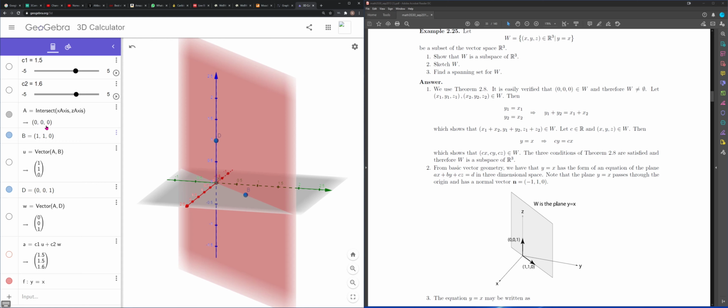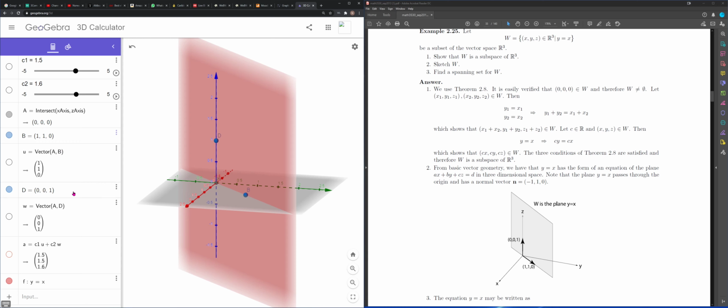Does 0, 0, 0 satisfy y is equal to x? Yes, it does. So 0, 0, 0 lies on this plane W. And you already justified that it was a subspace, and a subspace must contain the origin, so that comes for free. 0, 0, 0 lies on your plane.